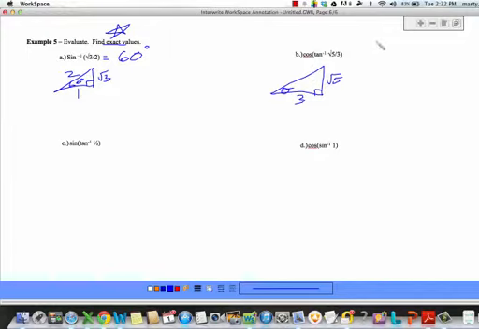The Pythagorean theorem will be square root 5 squared, which is 5, plus 3 squared, which is 9, and then I need the square root of that thing. So I get the square root of 14. And now it says I want the cosine of whatever this angle is.